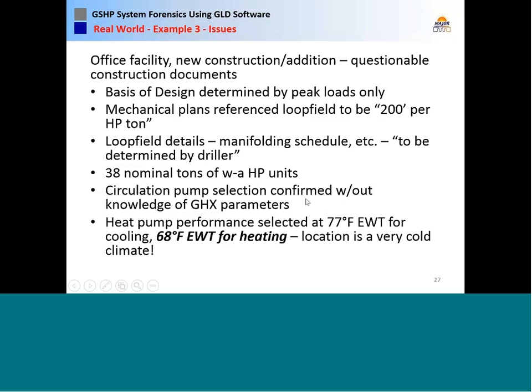And instead of extended range, we had a mix of extended range and closed loop parameters on the heat pump schedule. So we had some suspicions about other parts of the design.